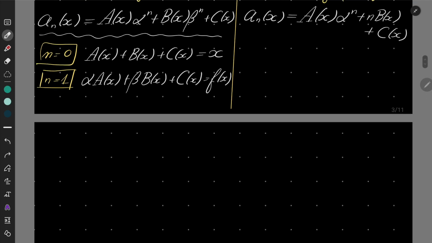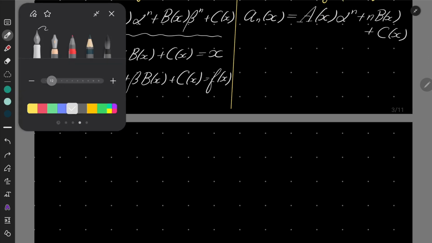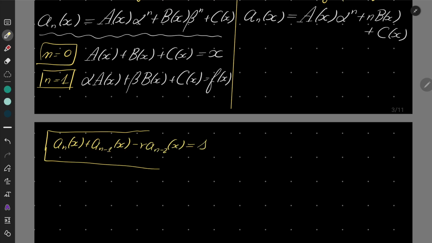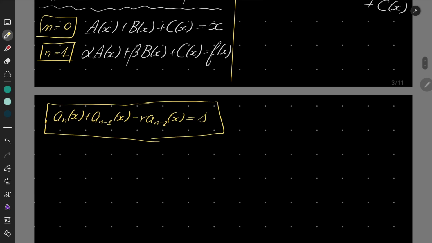What do I mean by that? Remember that a_n(x) plus a_{n-1}(x) minus r times a_{n-2}(x) equals s. Okay, and now if I plug in, let's see what happens.